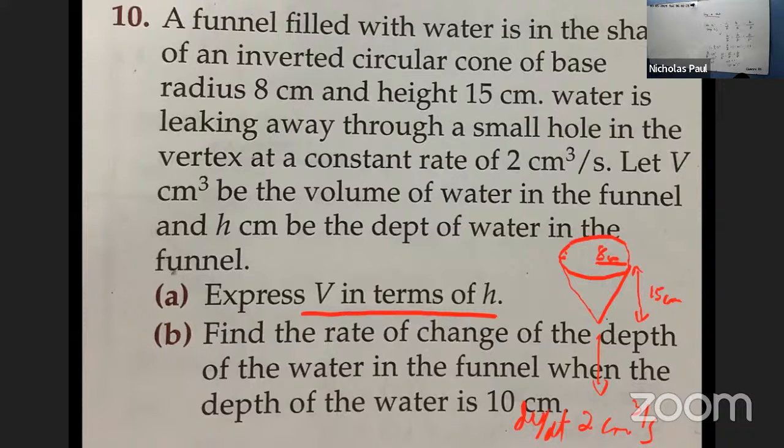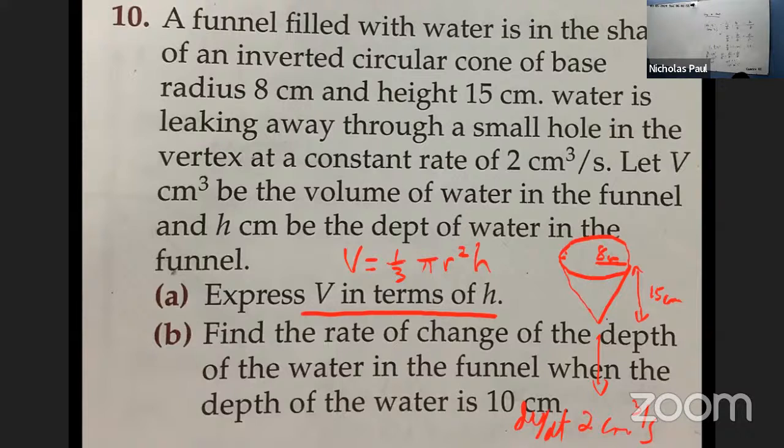How are you doing that? That's why you found the volume. What's the volume of a cone? 1/3 pi r squared h.